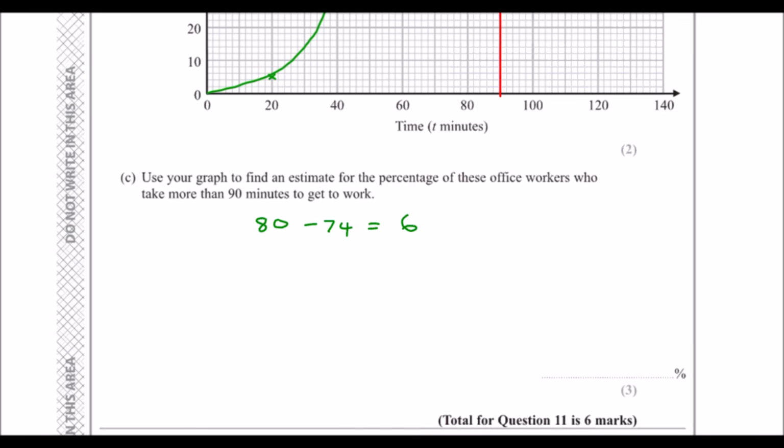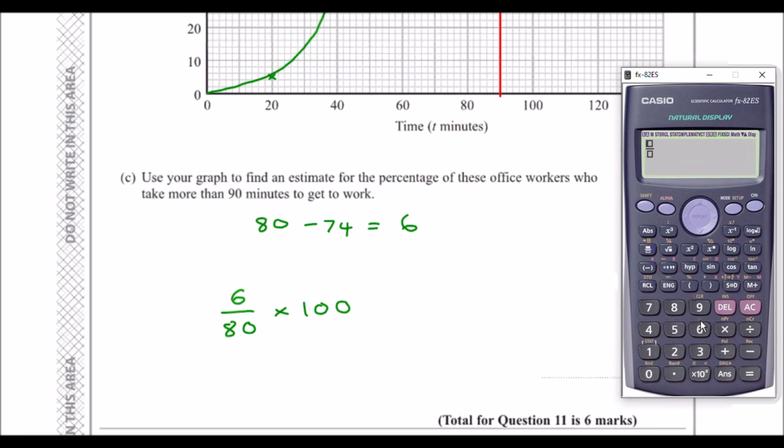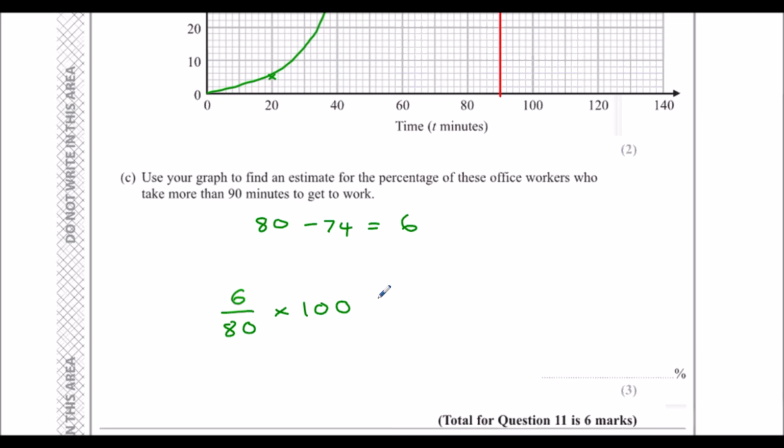So it's 6/80ths. And then to make it a percentage, times 100. So 6/80ths times 100, and I've got 7.5%. So if you read off a slightly different number, you'll get a slightly different answer. But there'll be a range of acceptable answers.